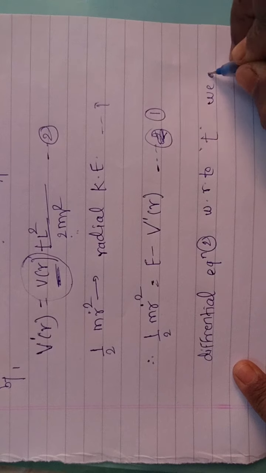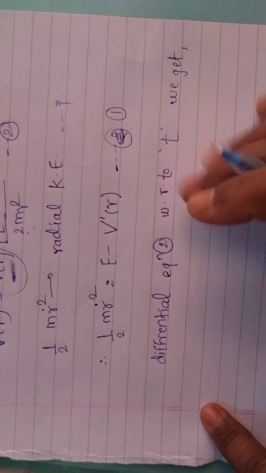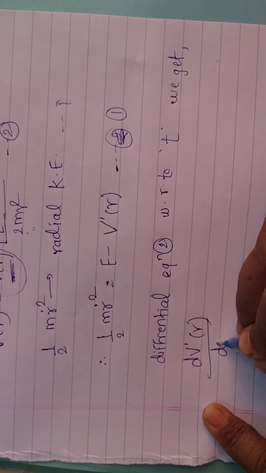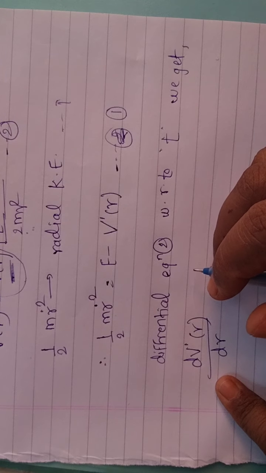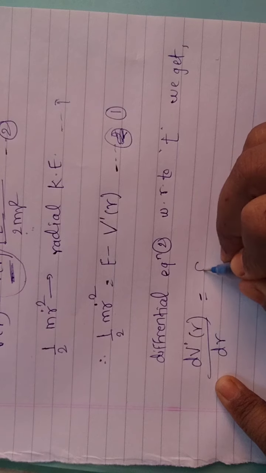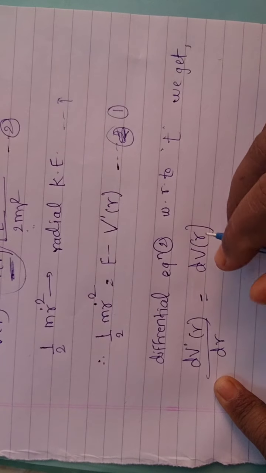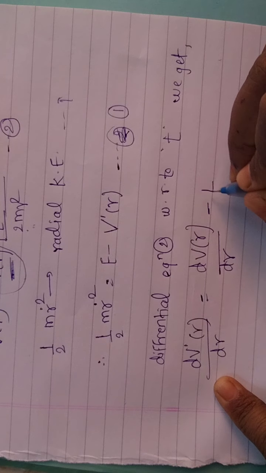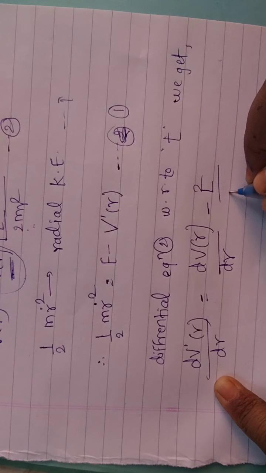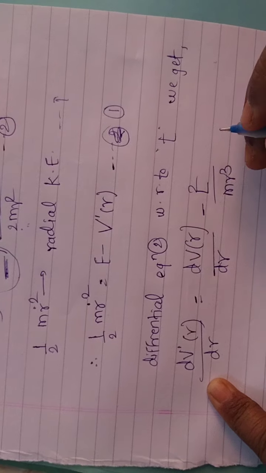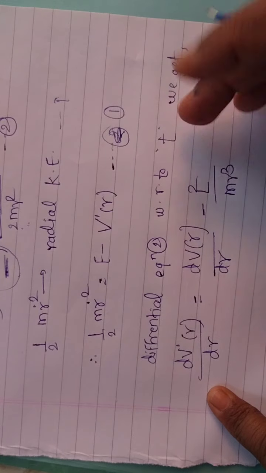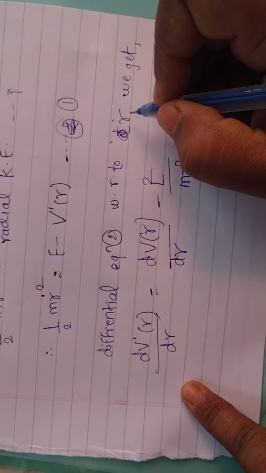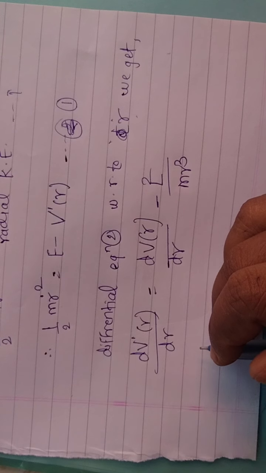So now we get d V dash r divided by dr is equal to dV r divided by dr minus L square divided by m r cube.